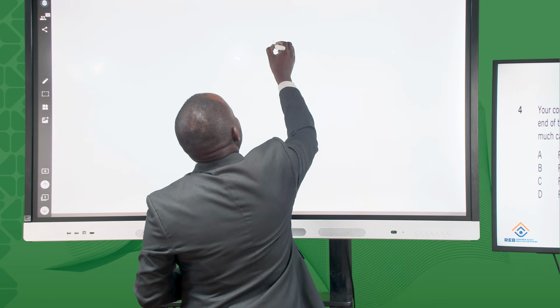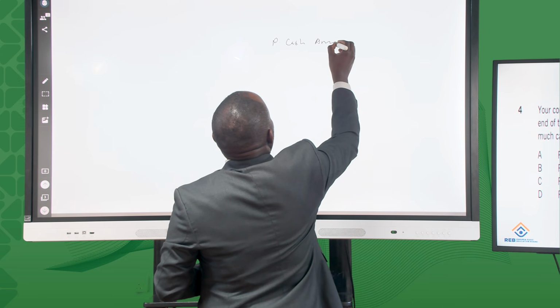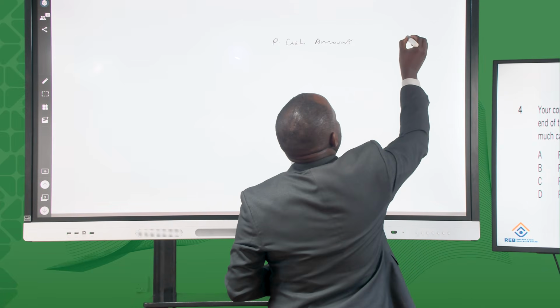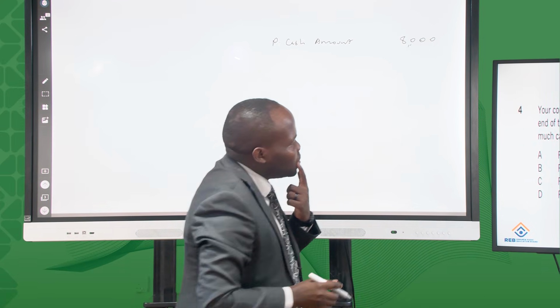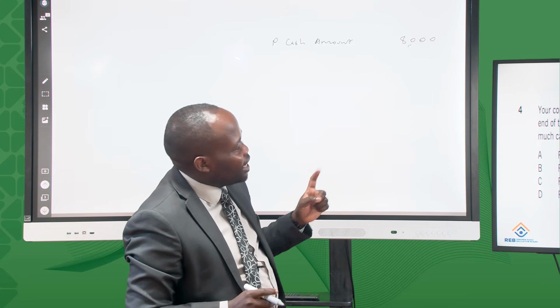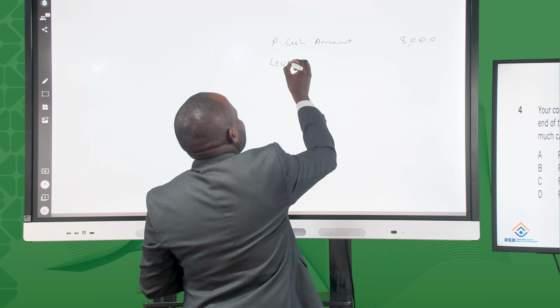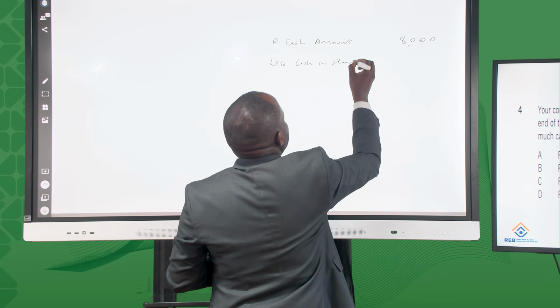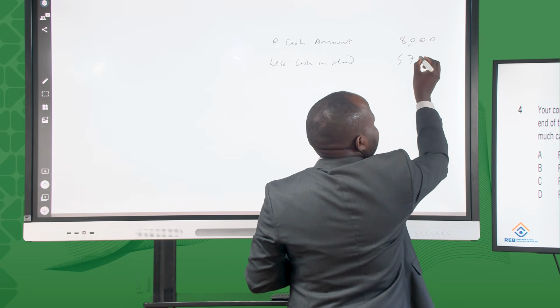So, petty cash amount, the new amount, is 8,000. And then you are being told, at the end of the month, the cash in hand is 570.